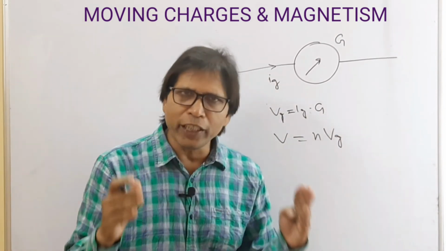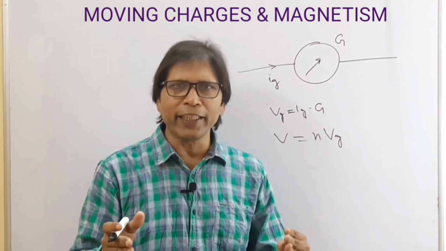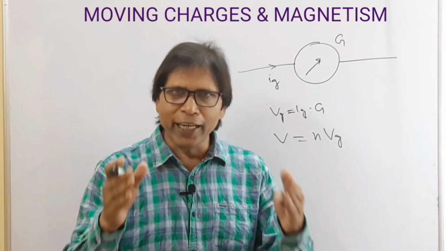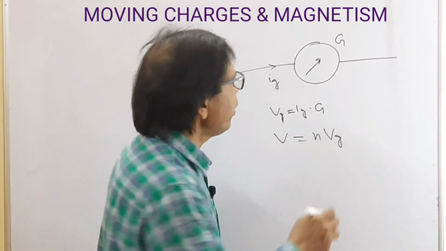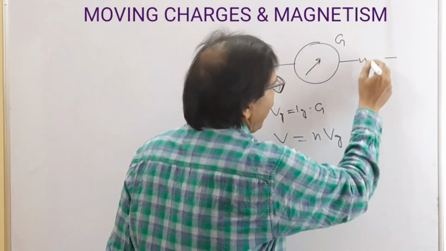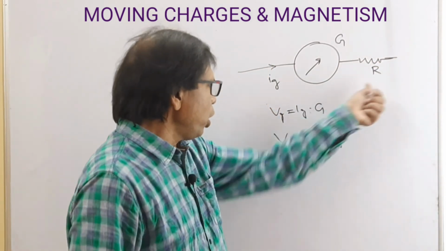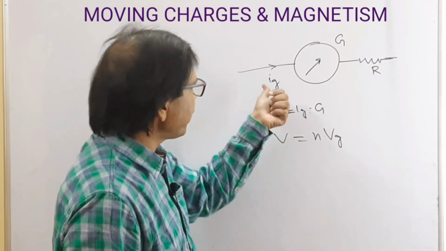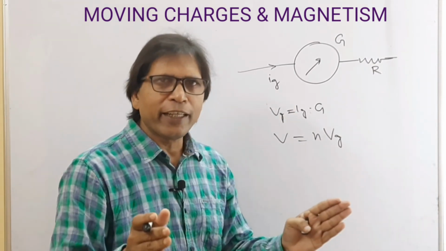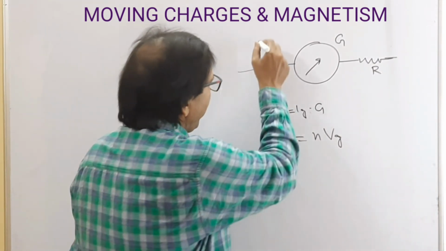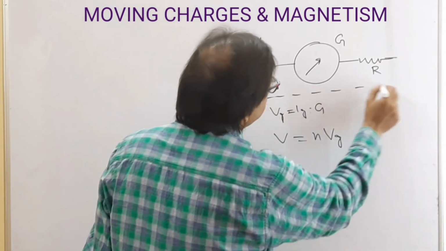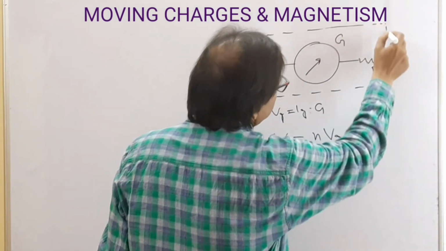So to measure this voltage, a high resistance in series is connected with the voltmeter. Now look at this. This is the high resistance, capital R is connected with it to measure V such that current becomes unchanged, that is Ig. And this dotted line represents the total voltmeter circuit.